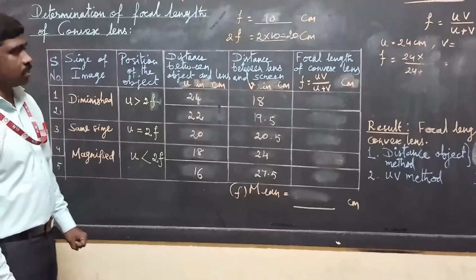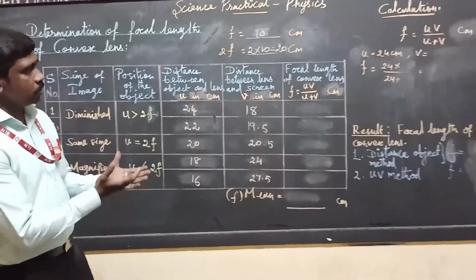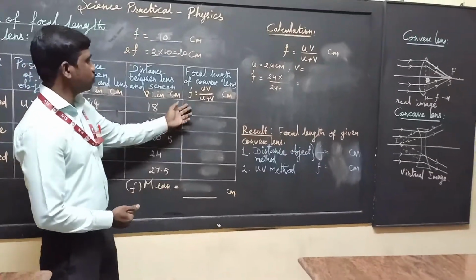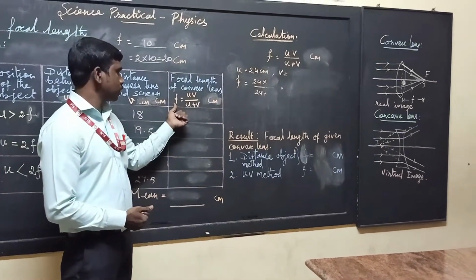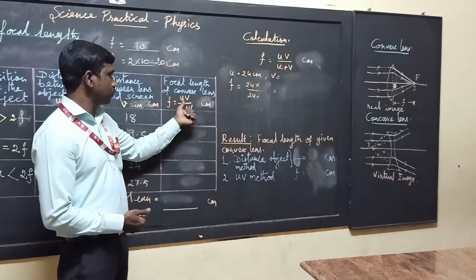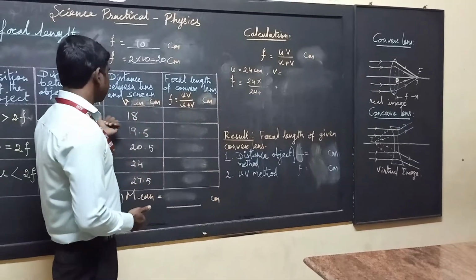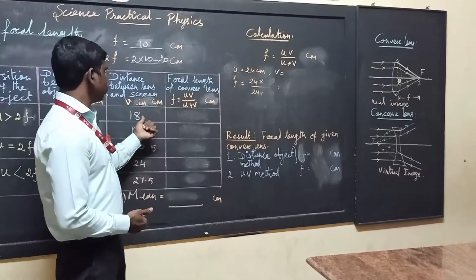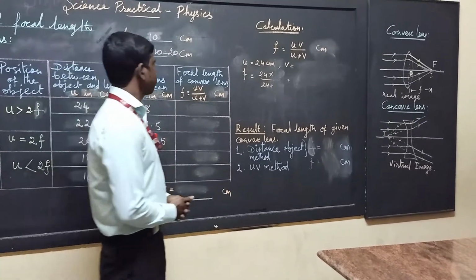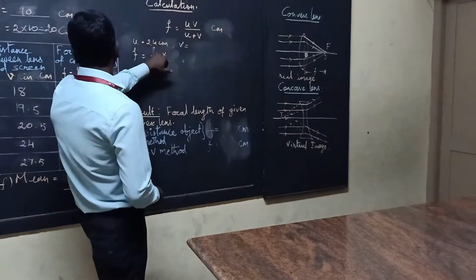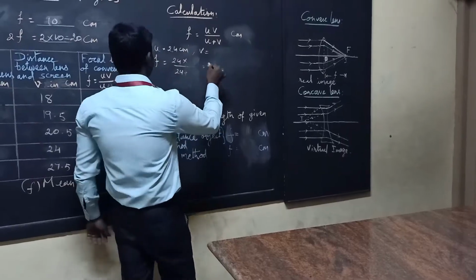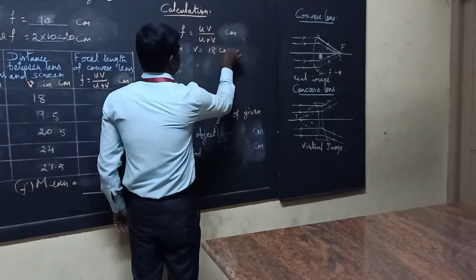After we collect the data, all the data are substituted in the given formula: F is equal to UV divided by U plus V. Small f represents the focal length of the given convex lens. U we know and V also we know. Substituting the known data, U is equal to 24 centimeter and V is equal to 18 centimeter.